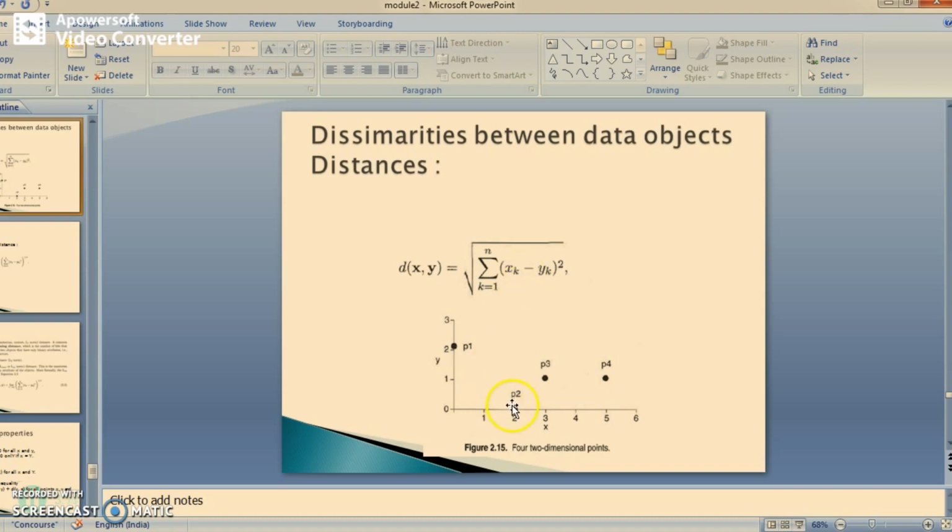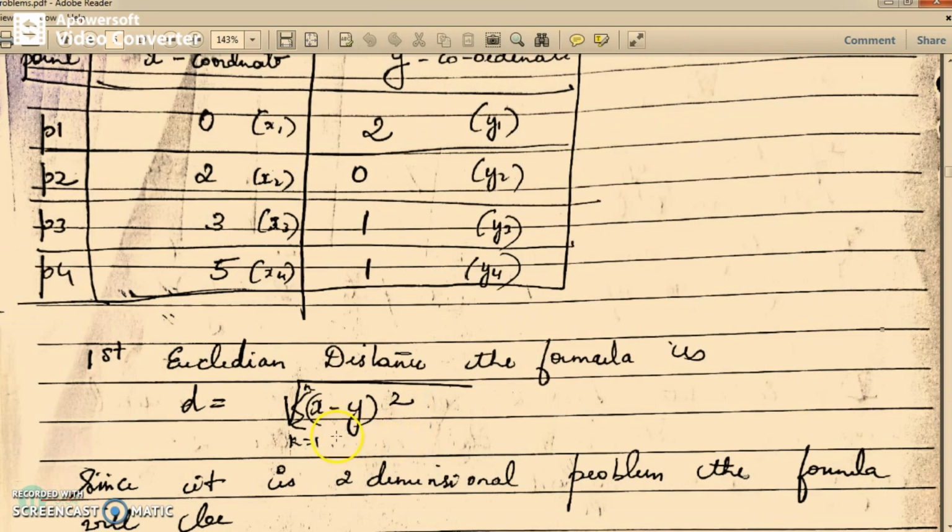So that is x2 minus x1 the whole square, plus, it is sigma here, y2 minus y1, the corresponding y coordinates also have to be subtracted, the whole square. Then the sum of their squares should be taken, the square root of the sum of their squares. Okay, so let's go to the problem. The formula is this, what you all can see.